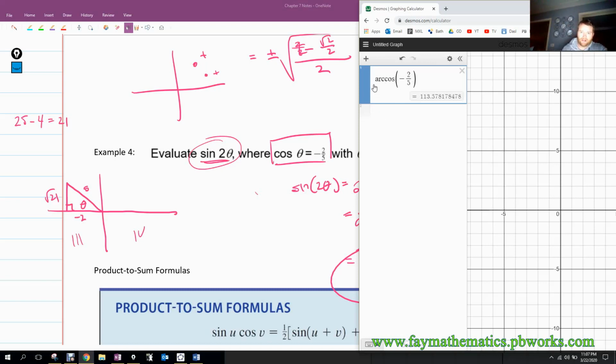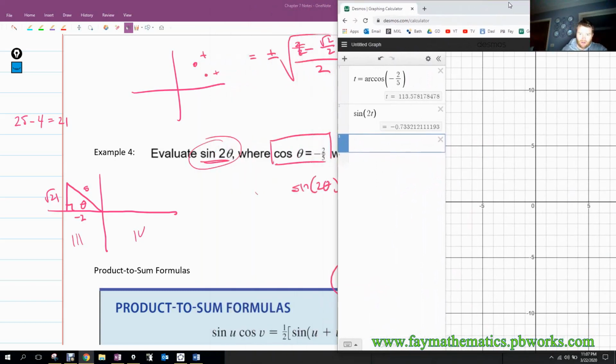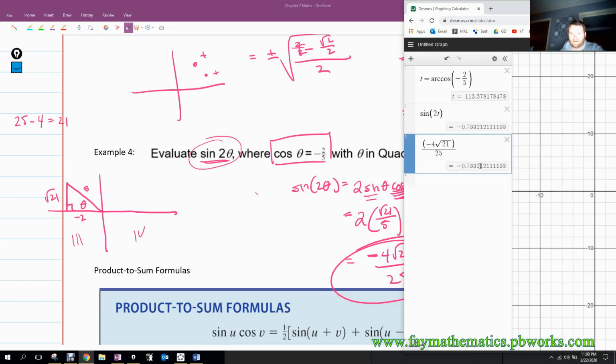Okay, so I'm just going to call that T for theta. Then sine of 2 theta should give me that there. I just want to make sure I'm in degrees. Yeah, okay. So then we should realize that negative 4 times the square root of 21, all divided by 25, should give us the same exact thing.